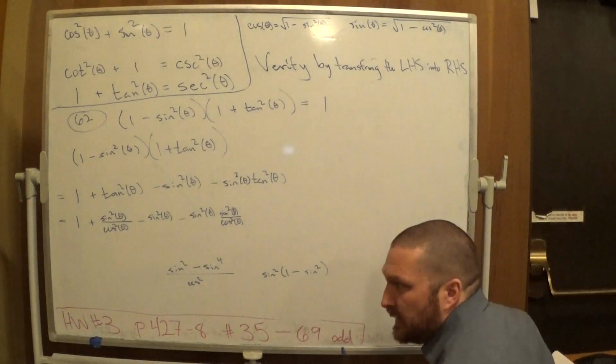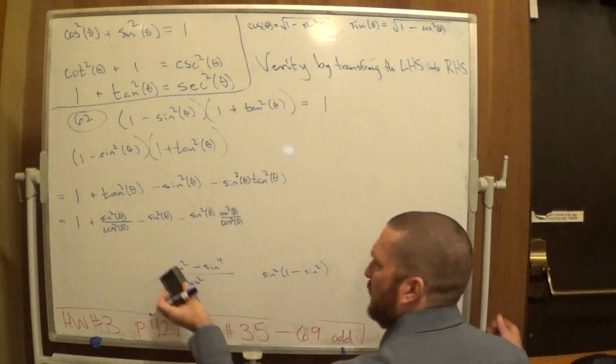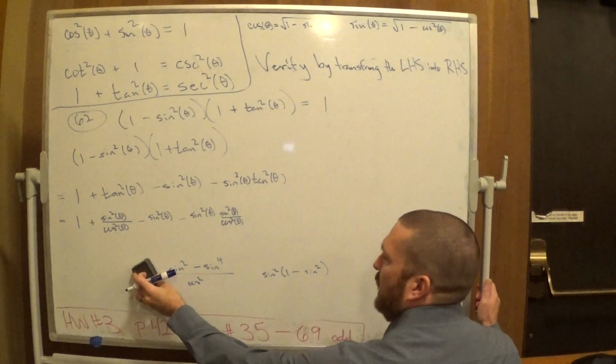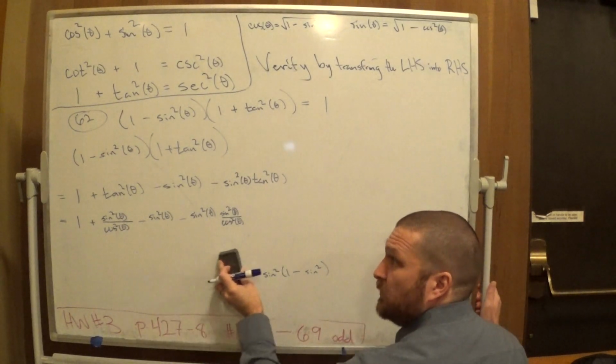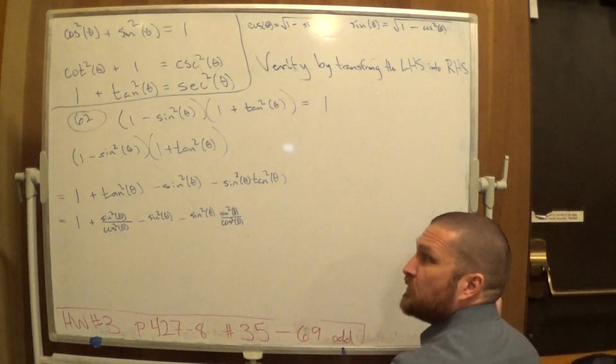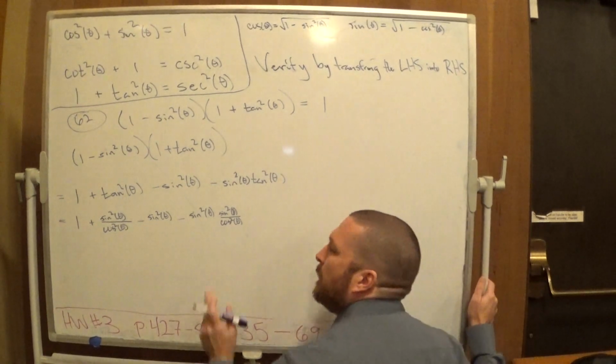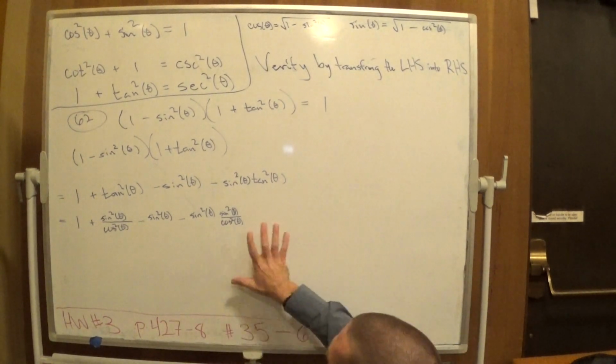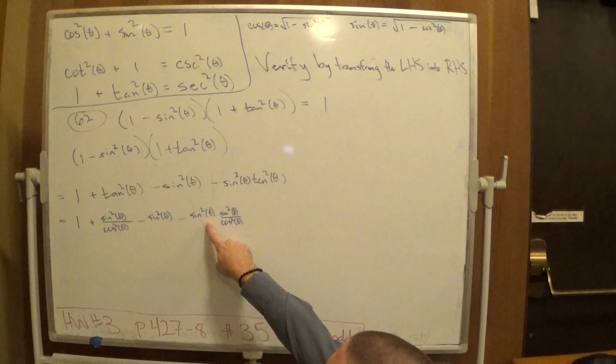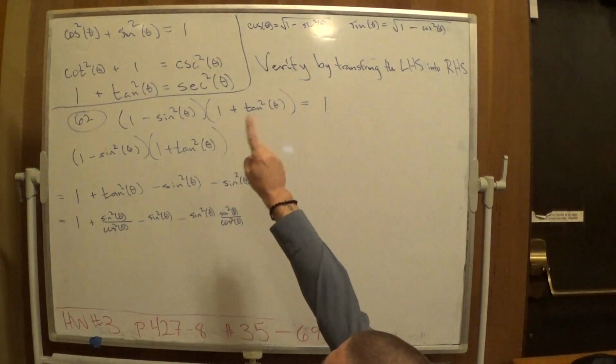This is the way that I went about doing it. I just want to show you that there's more than one way to get here. What I did is I said, hold up, wait a second. Sine squared is the same thing as 1 minus cosine squared.